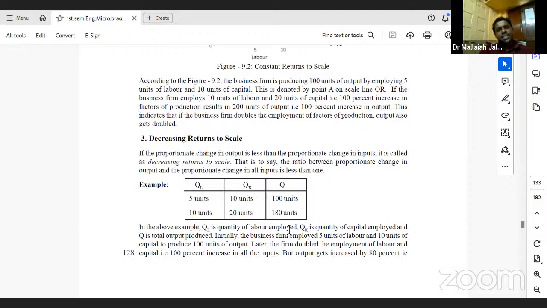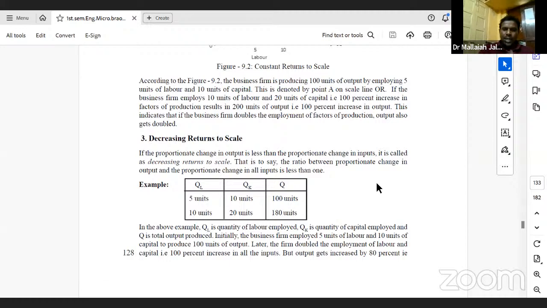Here in decreasing returns to scale, it is declined. Why is it declined? That is why we are telling decreasing returns to scale. Because see, at the initial stage, capital is 10 units and labor is 5 units, producing 100.